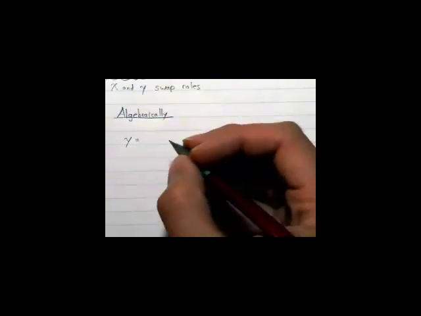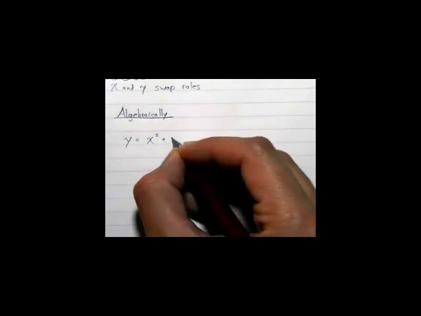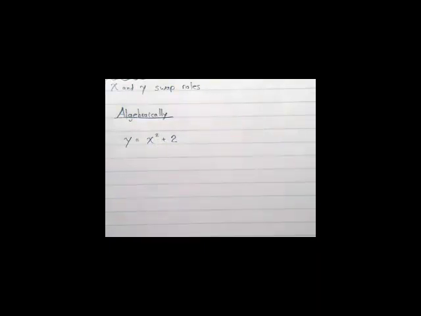So if I had some kind of an equation, y equals x squared plus 2. Okay? And let's identify for a second the domain and the range of this thing. And then we'll work on the algebra of getting the inverse of this. Okay?